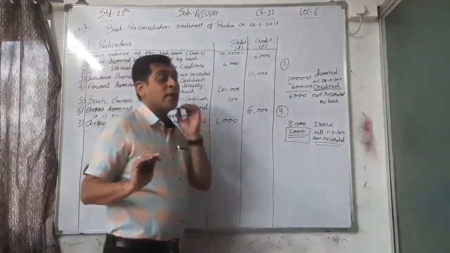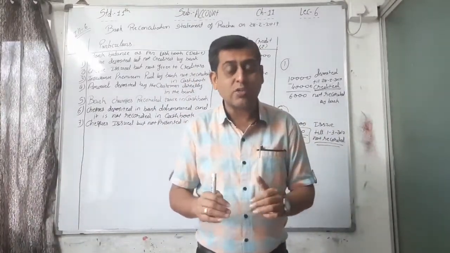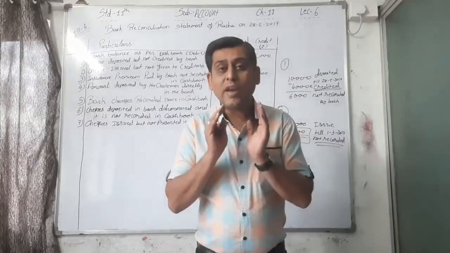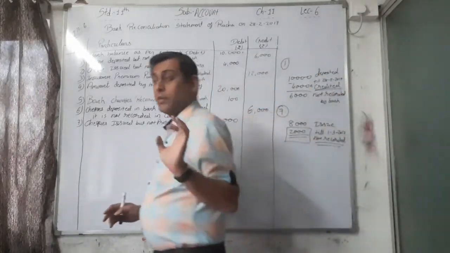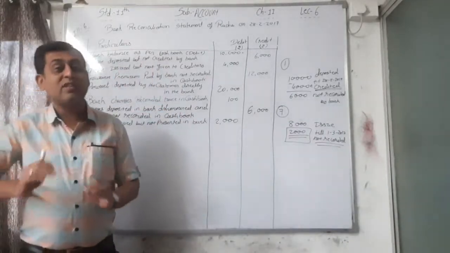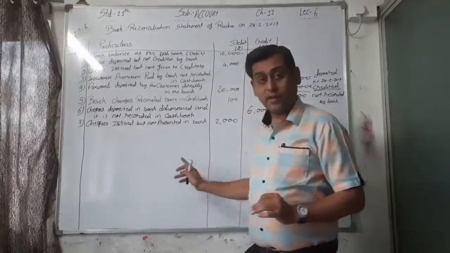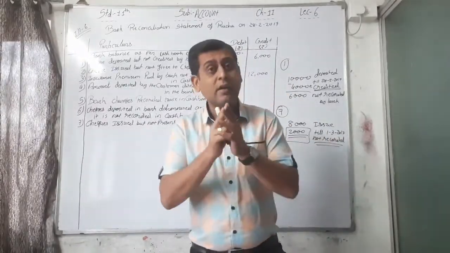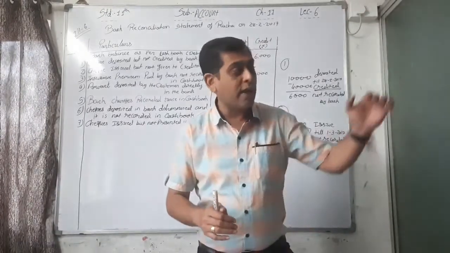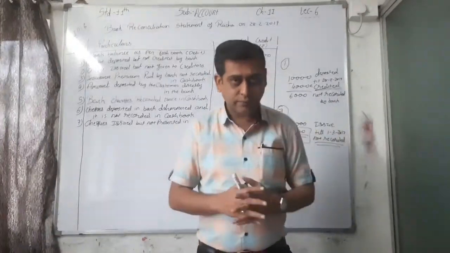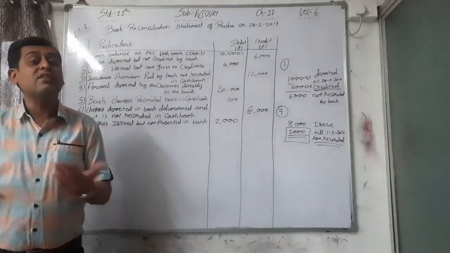If any amount is recorded by the bank and not recorded in the cash book, then record it. If any amount is recorded in the cash book but not recorded in the passbook, then record it. The difference amount, whatever the not recorded amount is, we record in the bank reconciliation statement. But here the mistake is made on both sides, not recorded in the cash book as well as not credited in the passbook, so the entry is nullified.